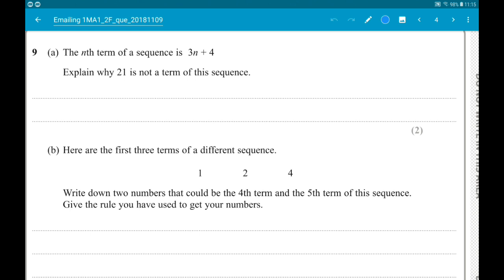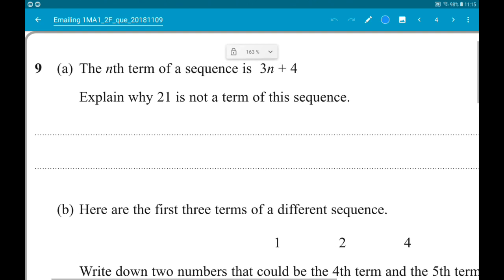So 13 is a term. So let's see what happens if we try and solve 3n add 4 is equal to 21. Well, that's going to give us 3n is equal to 17.